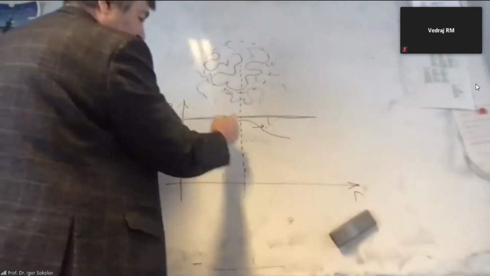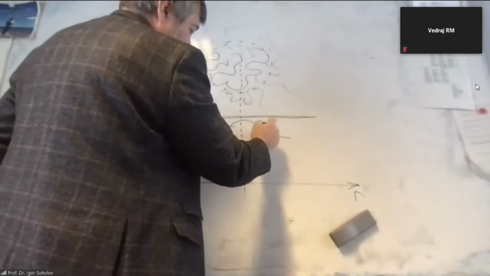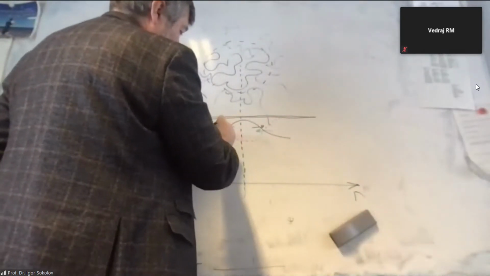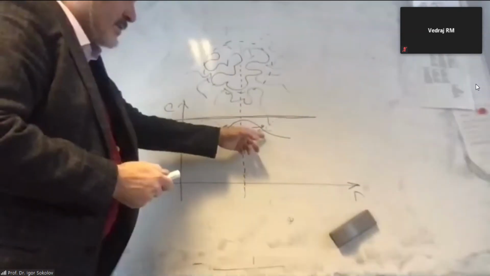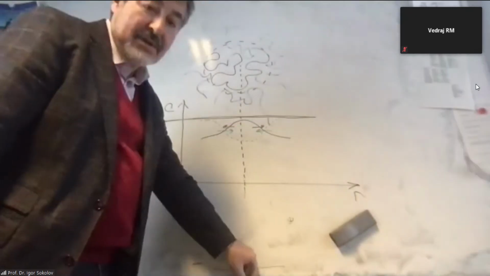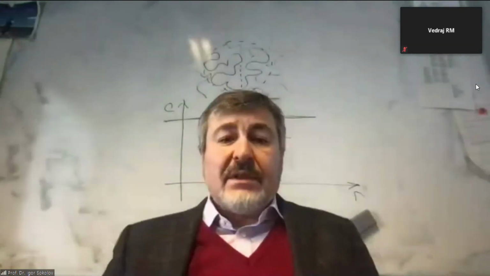But this dip in the concentration of the others means that from the side of the others there is a pressure, which is an osmotic pressure for other chains. Exactly the same and acting in the opposite direction. So this was the explanation, a qualitative explanation. And then there is no reason to swell. So the chains in the melt are ideal.